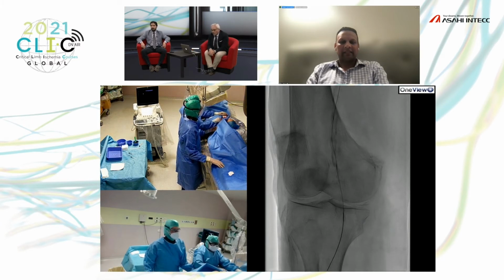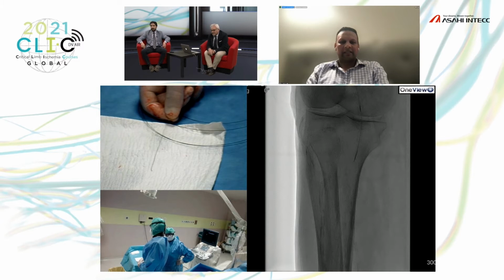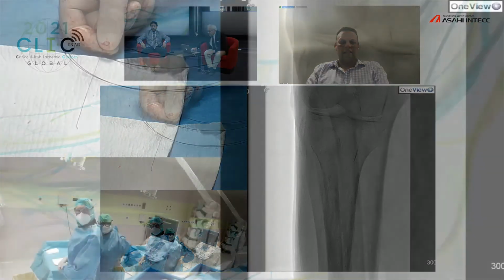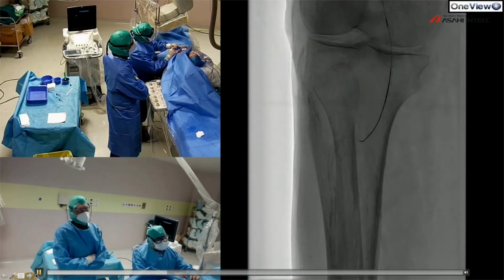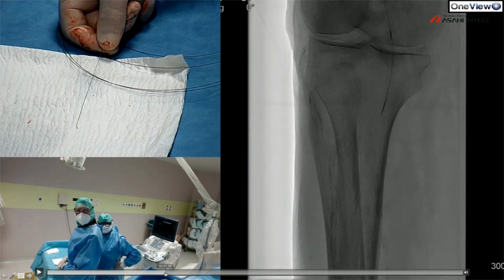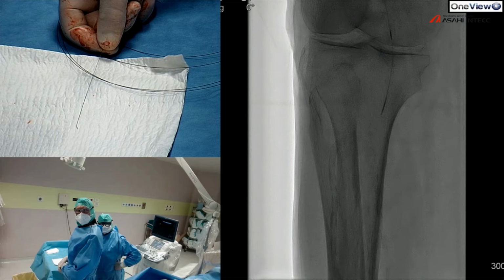For example, in this case, you can see here the bend in the tip, still like new. This tip, this bend, this curve is very well maintained in the middle of the calcium.